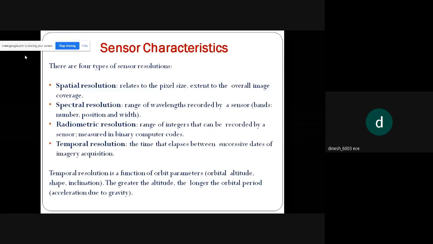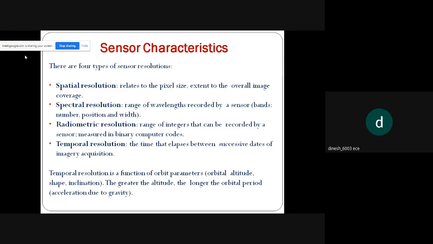Second is the spectral resolution, which determines the range of wavelengths recorded by that sensor. For example, the bands' number, position, and width can be easily determined. Third is the radiometric resolution, which has a range of integers that can be recorded by a sensor, measured in binary computer codes.